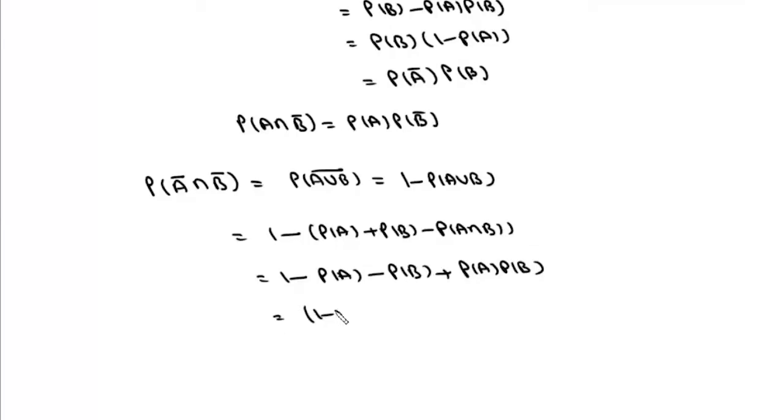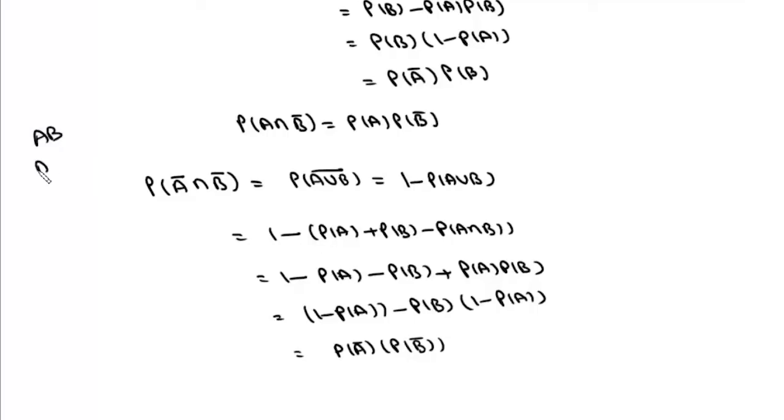Now this is 1 minus PA, and here we'll take PB common, so it will be 1 minus PA, that is PA naught, into 1 minus PB, which is PB naught. That means A naught and B naught are also independent. So if A and B are independent, so are A naught B, A B naught and A naught B naught.